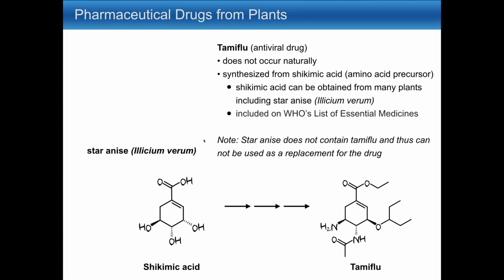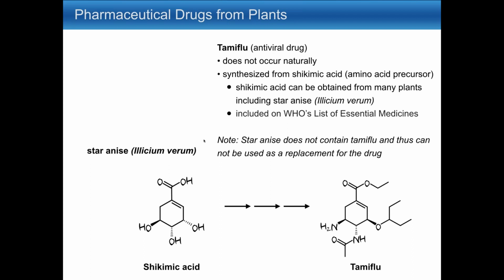Tamiflu is not naturally occurring, but what they do is use a compound in star anise called shikimic acid. Shikimic acid is made by certain plants, lots of different plants, including star anise. It just happens that star anise has really high amounts of it. It's used as a precursor to make certain amino acids in the body.